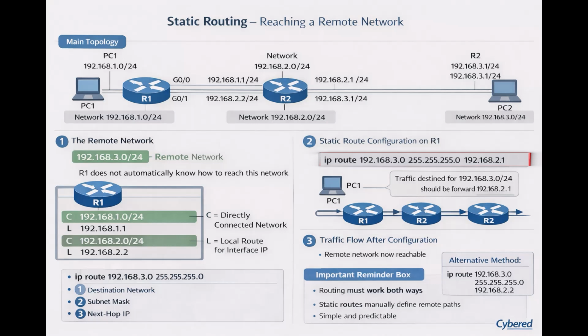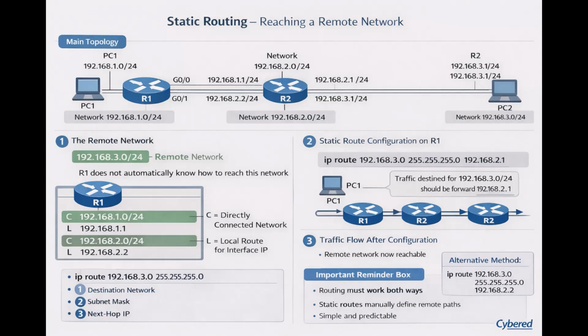The static route configured on R1 would be 192.168.3.0, subnet mask 255.255.255.0, 192.168.2.1. When configuring a static route, always follow this order: destination network, subnet mask, and next hop IP address. Instead of using a next hop IP address, you can also specify the exit interface, for example, GigabitEthernet 0/1.